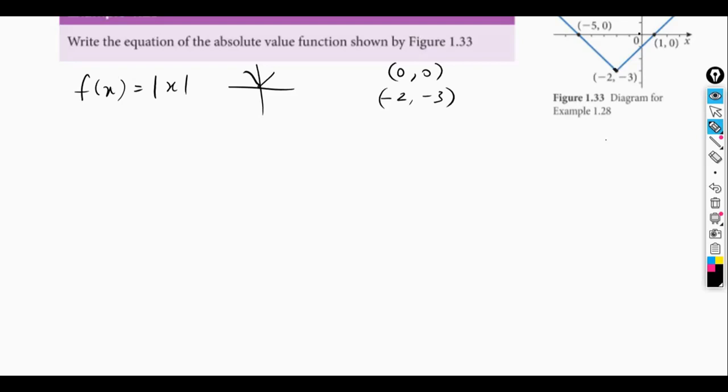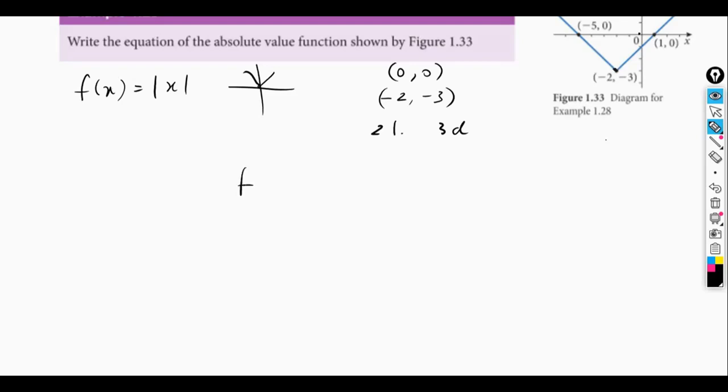So this minus 2 implies 2 to the left, and this negative 3 implies 3 down. So we have to shift it 2 left and 3 down. So remember that the horizontal is going to affect x only.